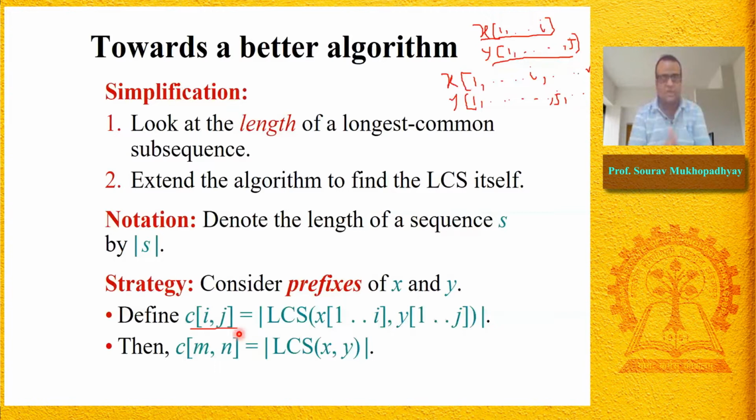Our ultimate goal is to find the longest common subsequence of the whole sequence, not just of x up to i and y up to j. Is this okay? So if somehow we can get all possible Cij's, then we are done, because we are basically looking for Cmn. So from some technique, we have to achieve that.